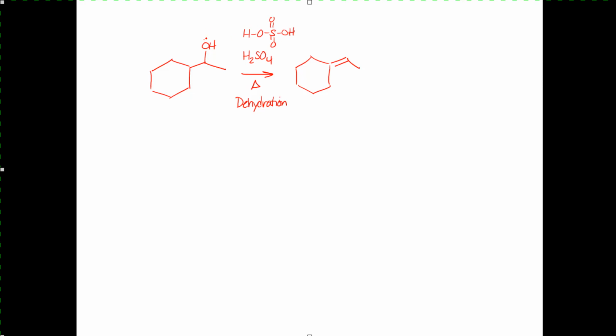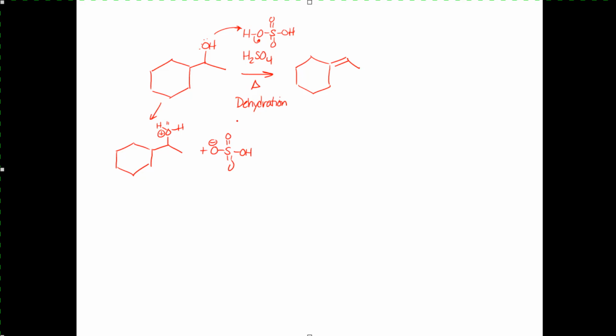So let's take the alcohol. Let's protonate it from sulfuric acid, and let's form the oxonium ion. And then I would also have my HSO4 minus.